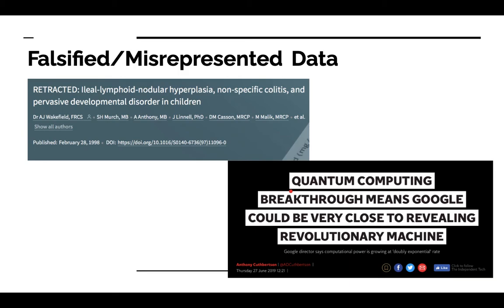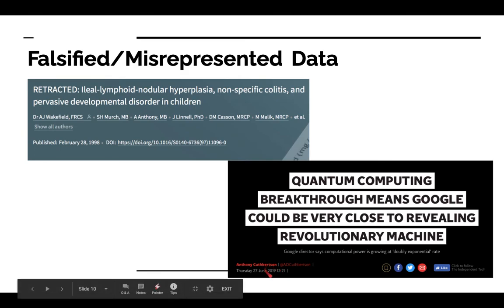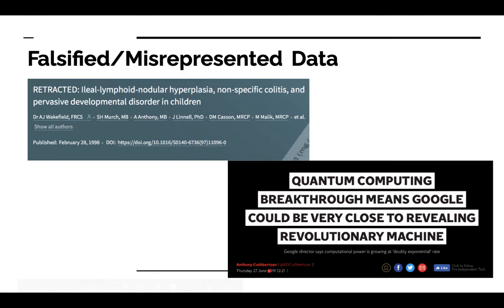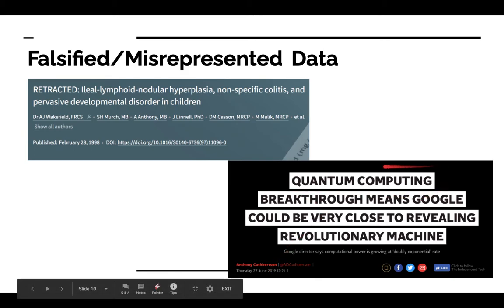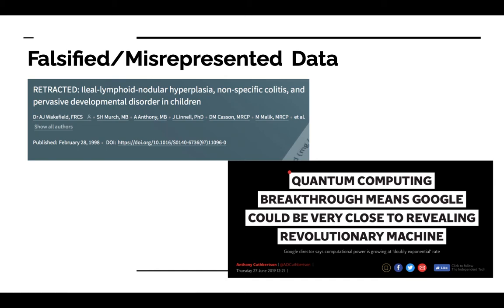Then, again with misrepresented data, we have articles like "Quantum computing breakthrough means Google could be very close to revealing revolutionary machine." That was released in 2019. Here we are in 2020, and we still haven't had any big breakthrough. Quantum computing is an active area of research in physics. I have taken a course in it, and I've studied it myself. It's very interesting, and if we can get an actual breakthrough, it is a game changer, with huge potential for a paradigm shift.